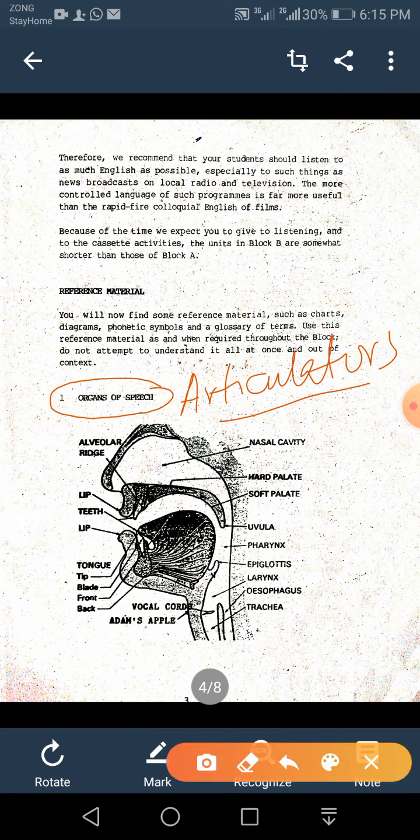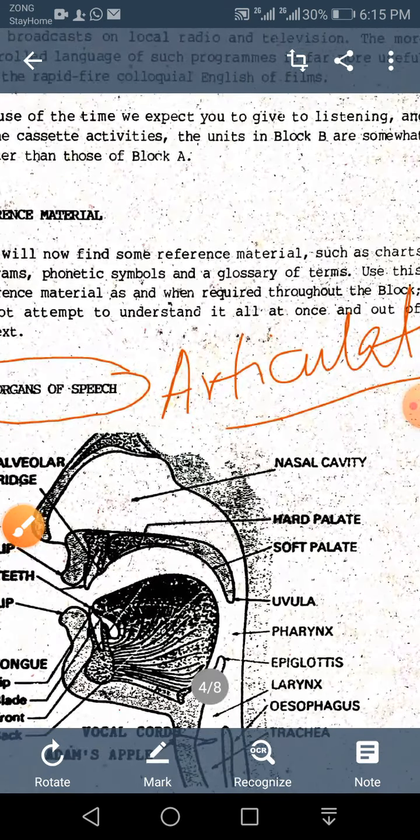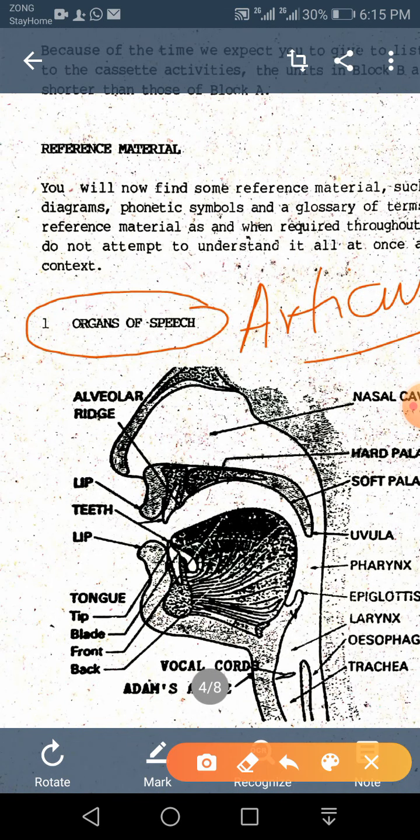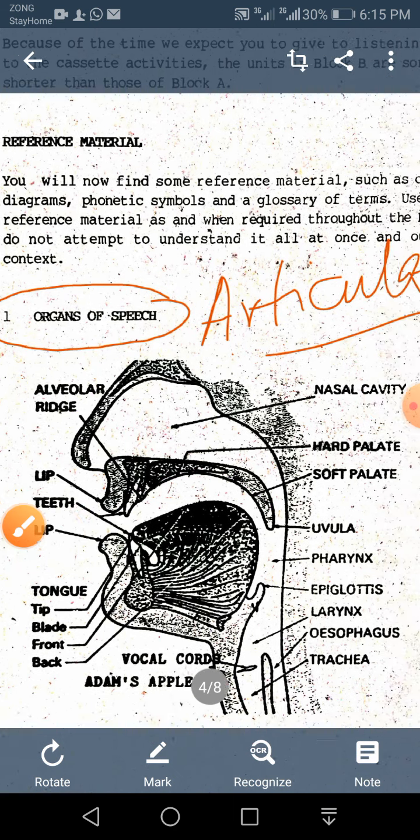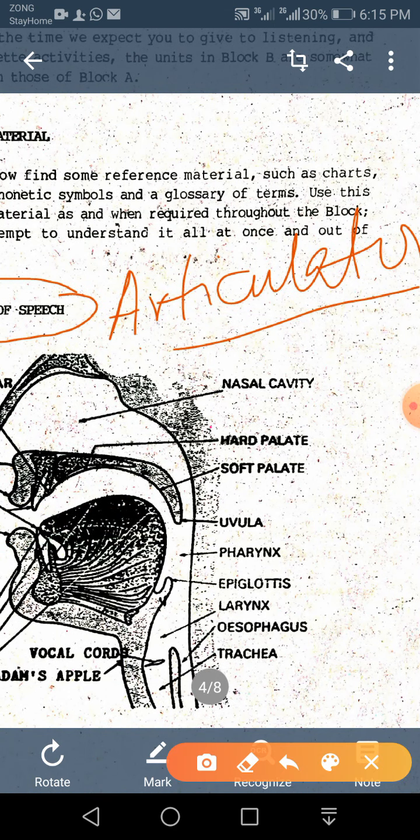Here the authors discuss speech organs or articulators. So in this diagram, let me magnify. These are articulators, like we have teeth, then we have the alveolar ridge, and this is the upper part of the mouth, and as you can see here we have the hard palate, soft palate, and uvula.